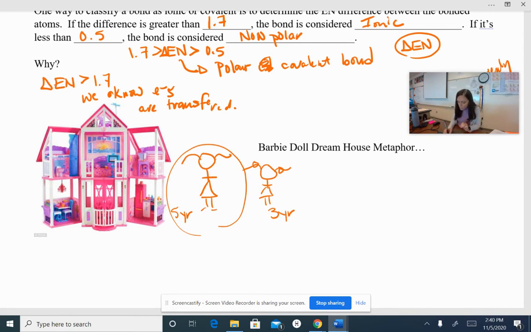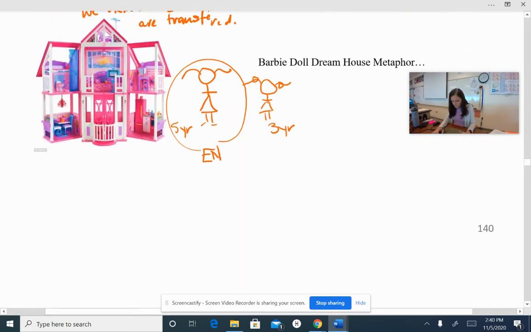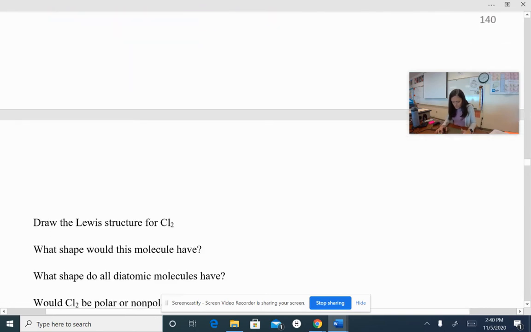If I have more electronegativity, that atom is going to have more than its fair share of the electrons. Okay? And in that way, we are going to create polarities. We're going to create uneven electron clouds because the more electronegative atom is going to have more of the electrons.